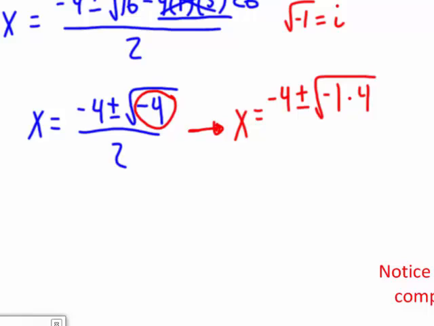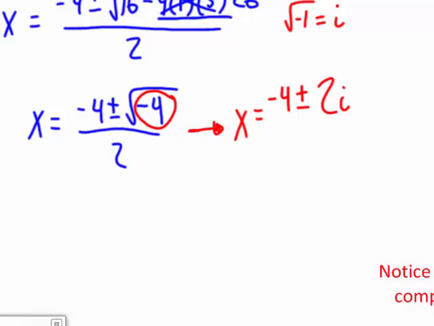Because that's really the square root of negative 1, times the square root of 4. And what is the square root of 4? 2. What's the square root of negative 1? i. So I can really write this as 2i. See how convenient that was?